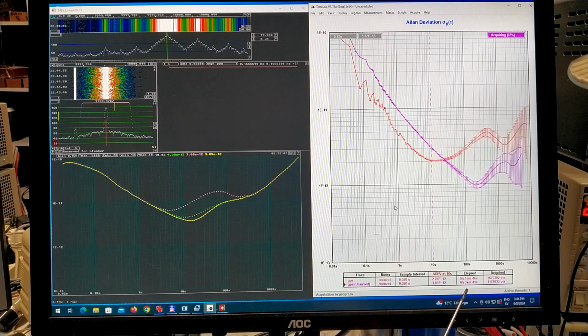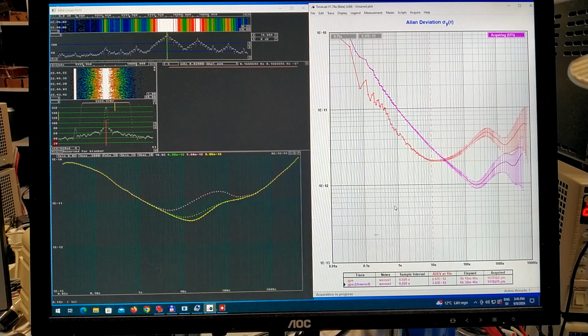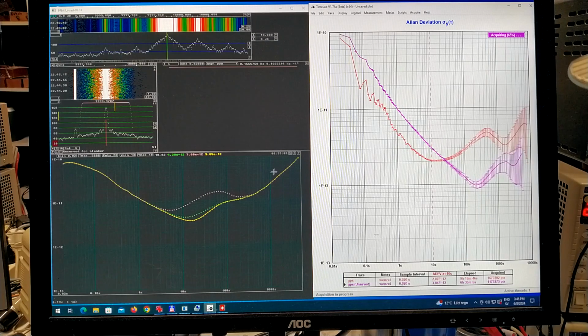6.5 hours have elapsed, and of course Linrad says the same thing, 6 hours 32 minutes. When I look at 10 seconds, Allan deviation at 10 seconds is 3.04 times 10 to minus 12. And if I look at 10 seconds in Linrad, it says 3.86 times 10 to minus 12.